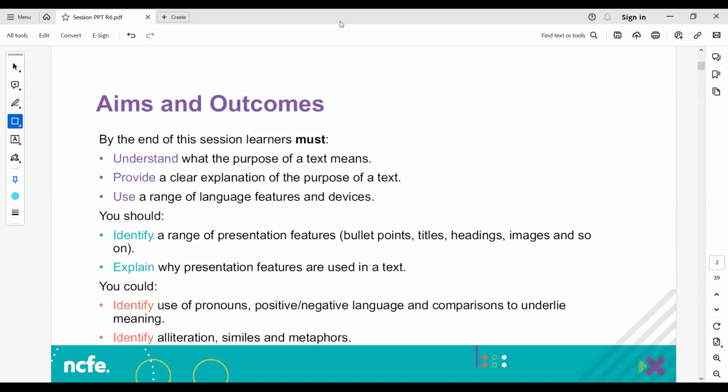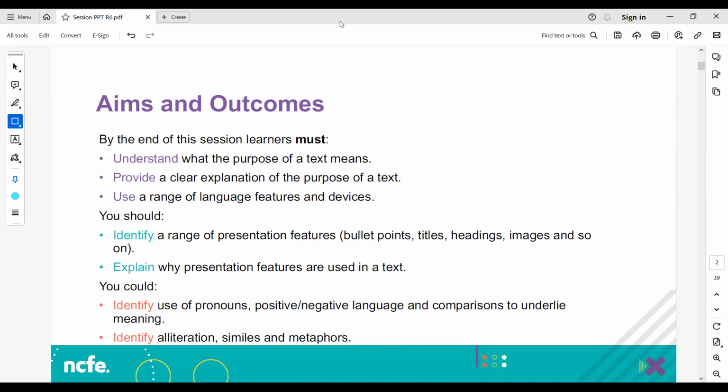So this morning we're looking at the features of a text, and let's have a look at our aims and outcomes. By the end of this session, learners must understand what the purpose of a text means, provide a clear explanation of the purpose of a text, use a range of language features and devices.